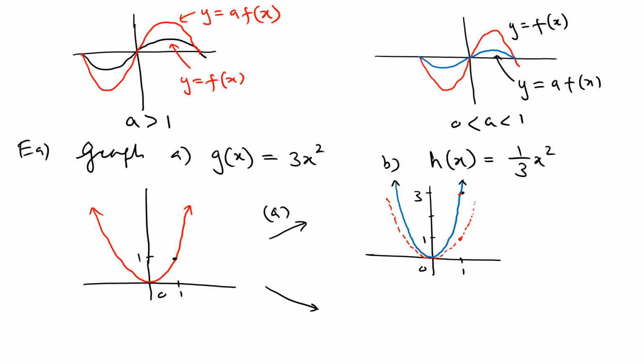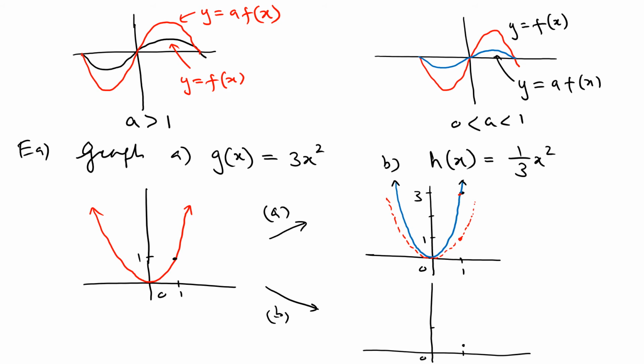Okay, and then the other one, part B. In part B, it's going to shrink. If you look at the original graph and the new graph, we had a point (1, 1), but now it goes to 1/3. So the new point is over there.